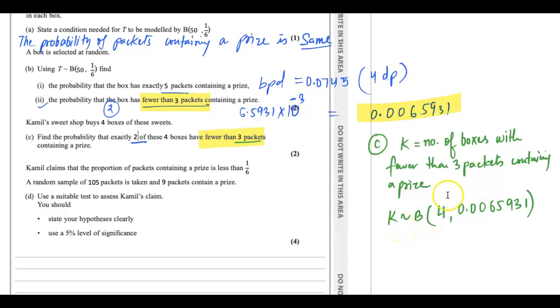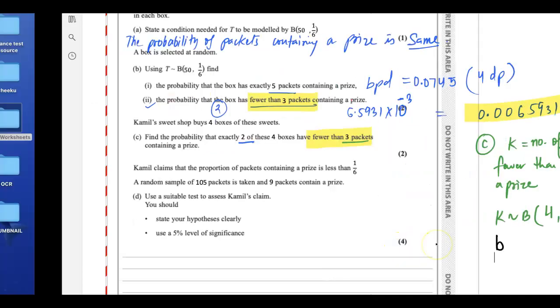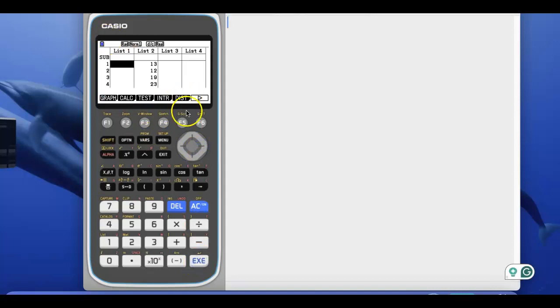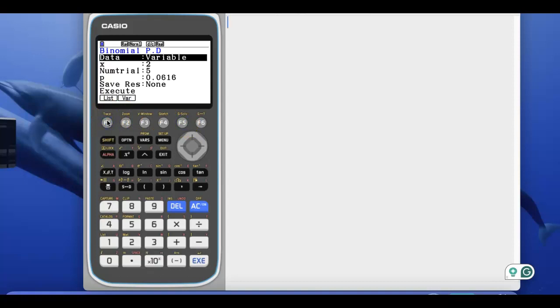Hope you're understanding what we are going to use, whether it's BCD or BPD. We are going to use BPD here. It's not an inequality, so we use distribution, binomial, and BPD.